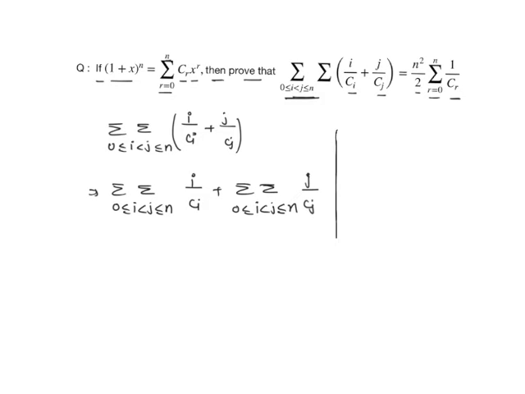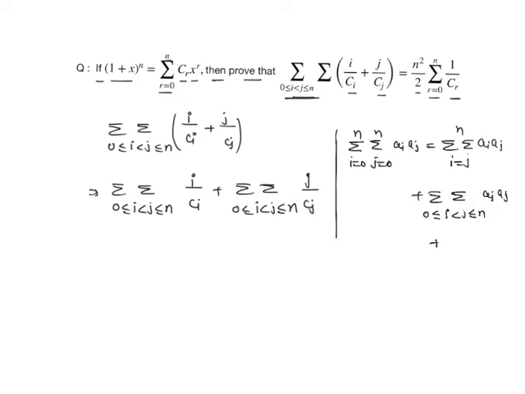Now we know the formula: sigma i equals 0 to n, sigma j equals 0 to n, ai into aj is equal to sigma sigma i equals j to n ai aj plus sigma sigma 0 ≤ i < j ≤ n ai aj plus sigma sigma 0 ≤ j < i ≤ n ai aj.